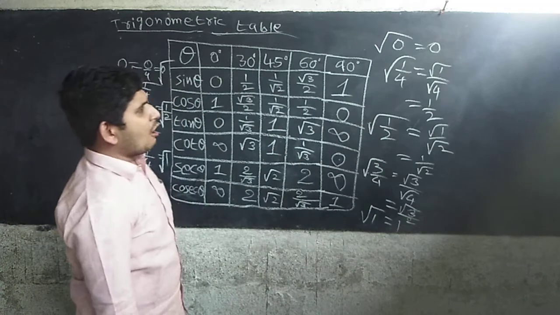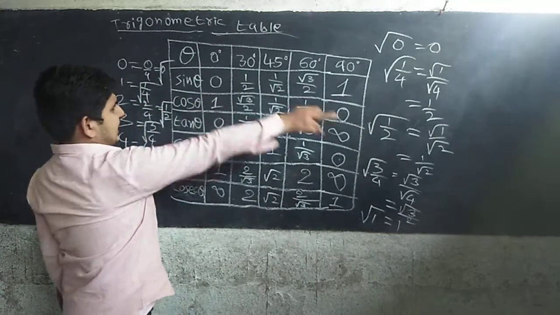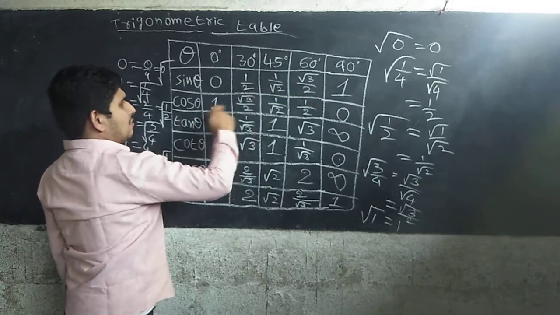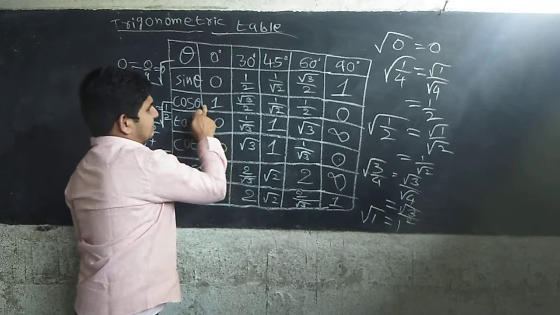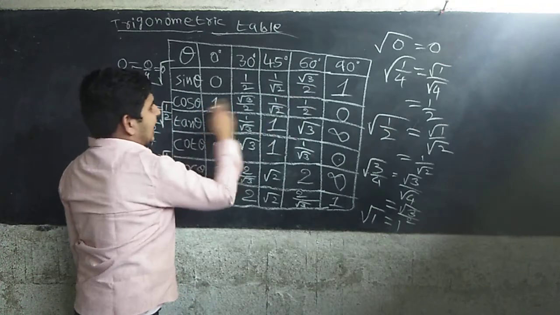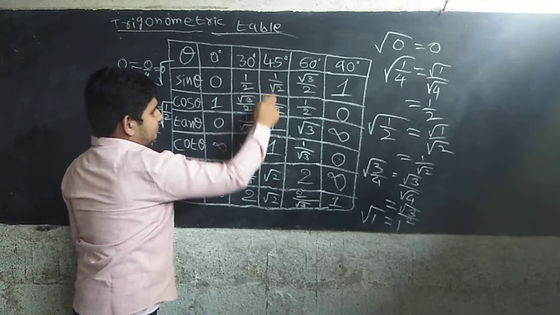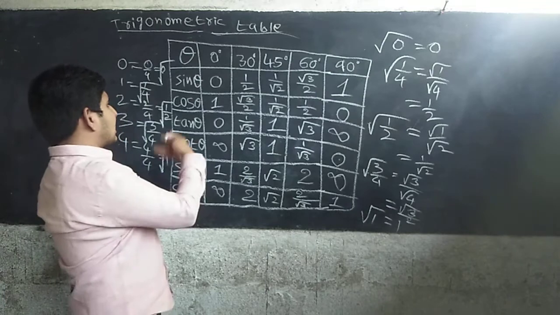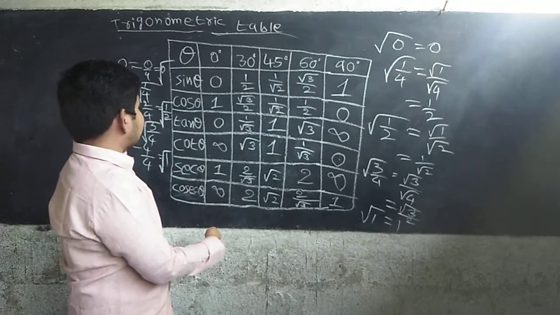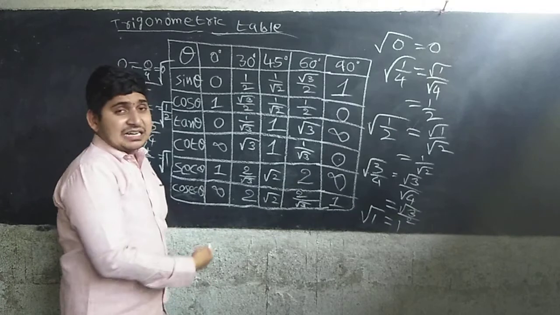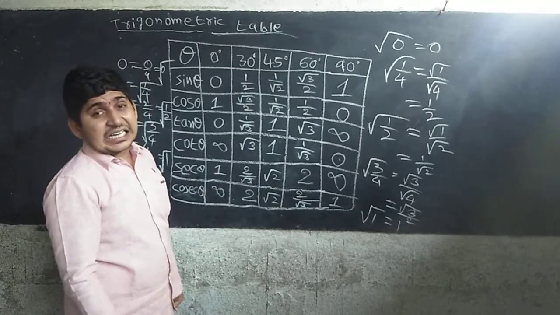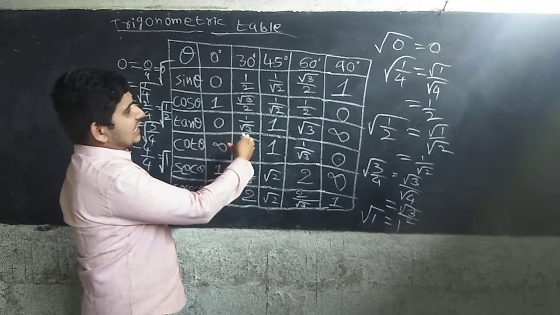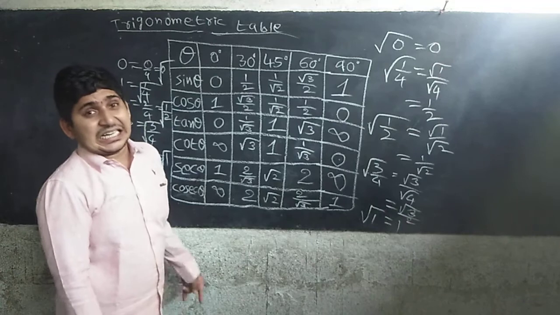Okay, so write down the values of sin theta, and write the values of sin theta in reverse order. Means what? First start the cos theta values with 1. So 1, root 3 by 2, 1 by root 2, 1 by 2, 0. If we know cos theta and sin theta, then we can automatically find out the values of tan theta, cot theta, sec theta and cosec theta of 0 degrees, 30 degrees, 45 degrees, 60 degrees and 90 degrees.